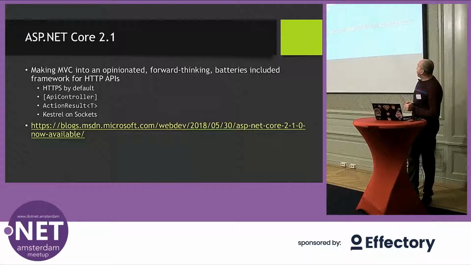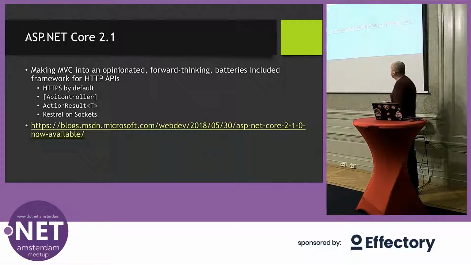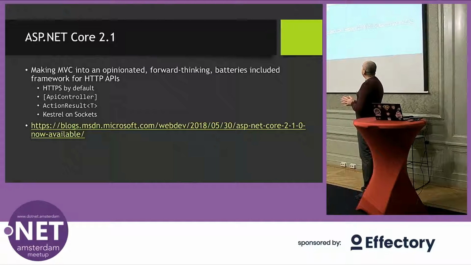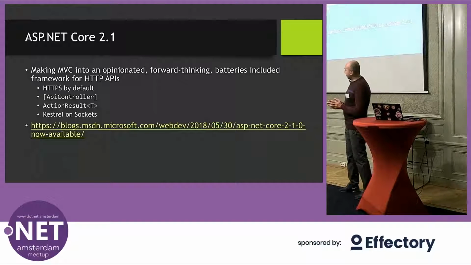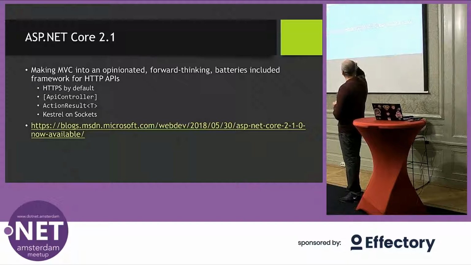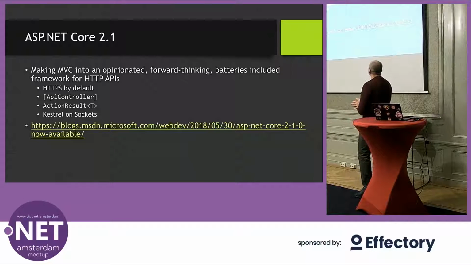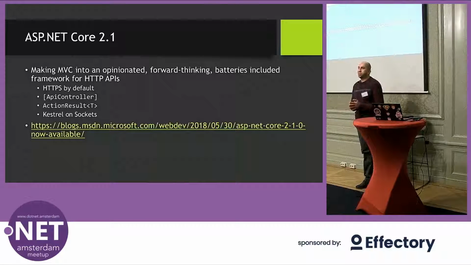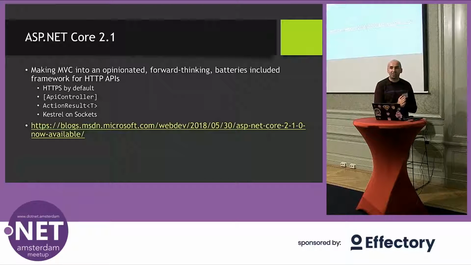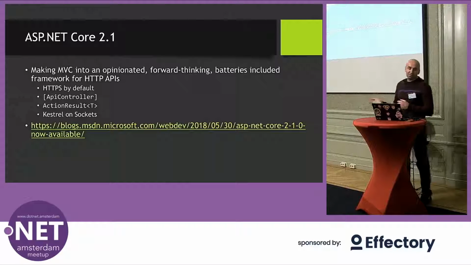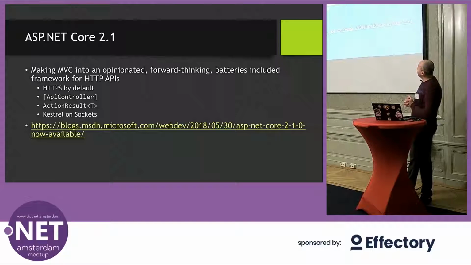Okay, so ASP.NET Core 2.1 came out this year, I believe. One important thing that they were stating is the first line: making MVC into an opinionated, forward-thinking, batteries-included framework for HTTP APIs. So they were committed to making this the best possible platform for REST APIs. And some new things came with this version, like HTTPS by default.